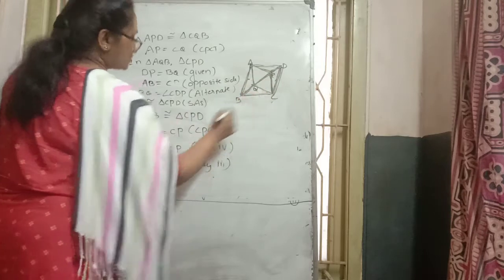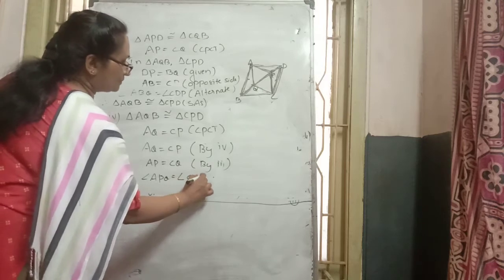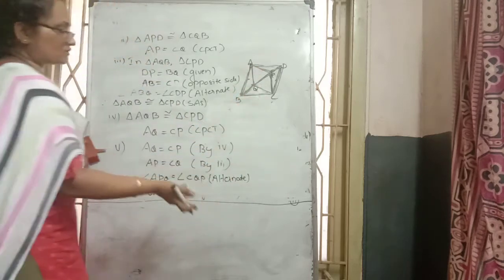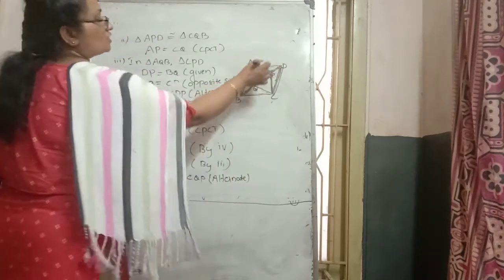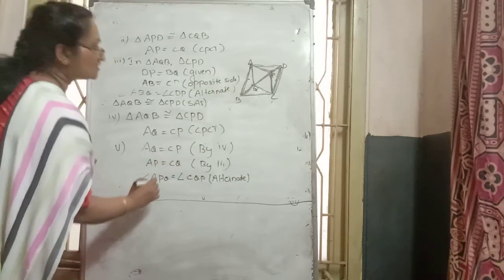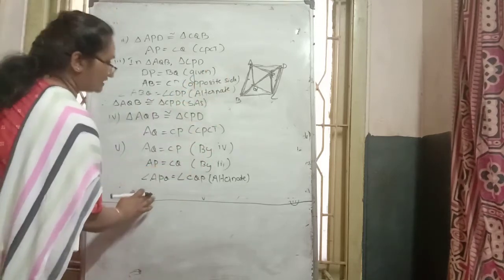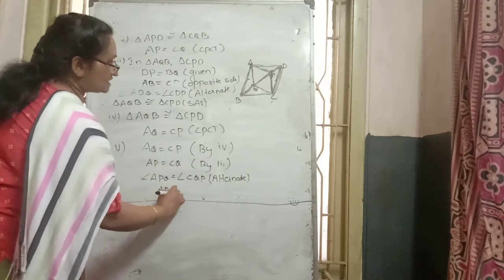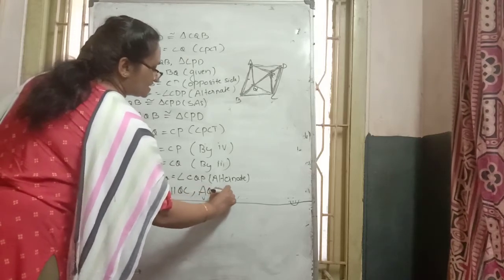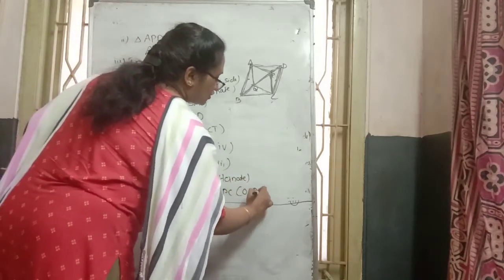Angle APQ is equal to angle CQP. What is the reason? They are alternate interior angles, cut by the PQ or BD line. So we can say they are parallel. Which sides are parallel? The AP side is parallel to QC, and the AQ side is parallel to PC. They are the opposite sides of the parallelogram.